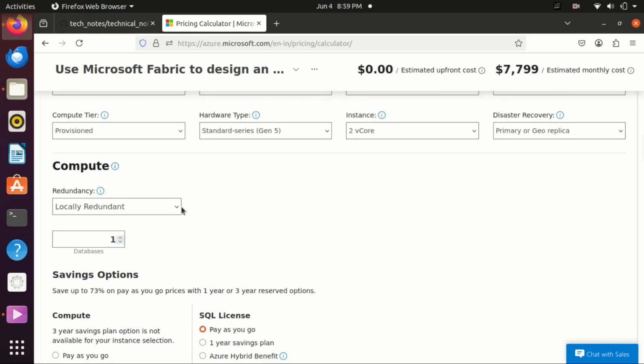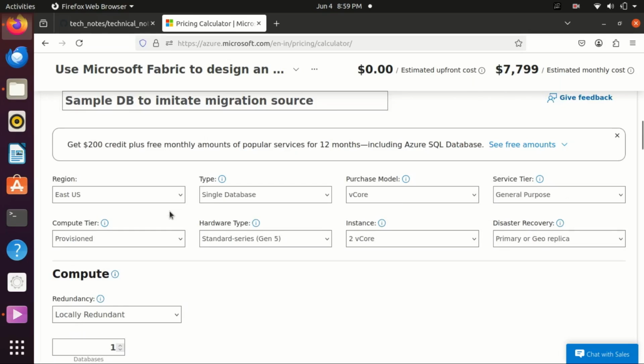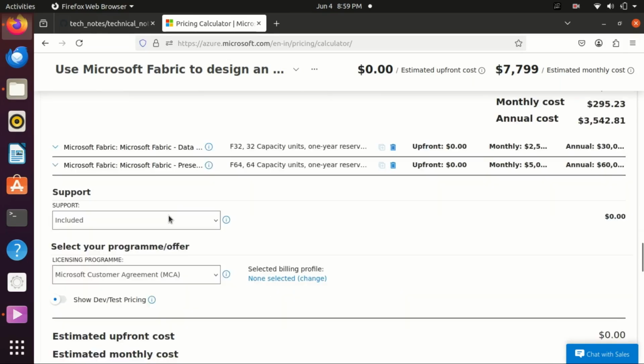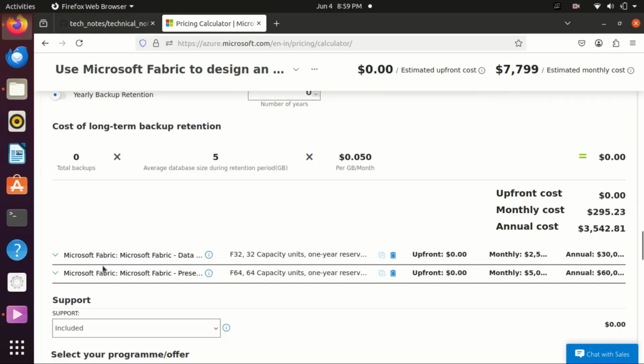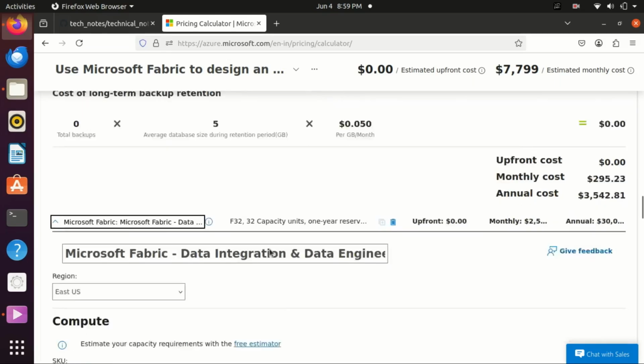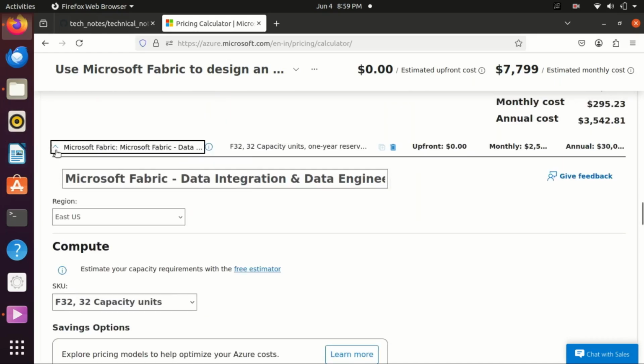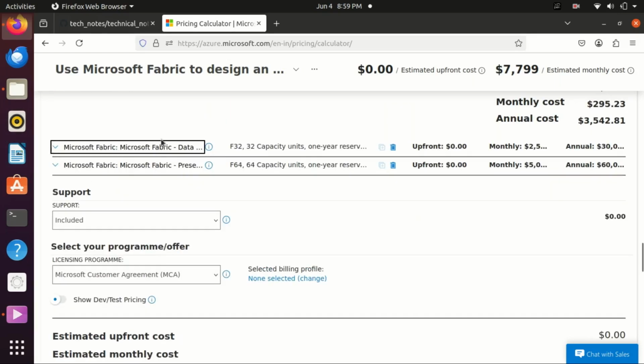Now let's configure Fabric capacity. In this example, we are using two separate capacities, one for data engineering and one for presentation. Separating the capacity helps isolate workload, so any data engineering activity will consume one set of capacity, and reporting related activity can use a different set of capacity.